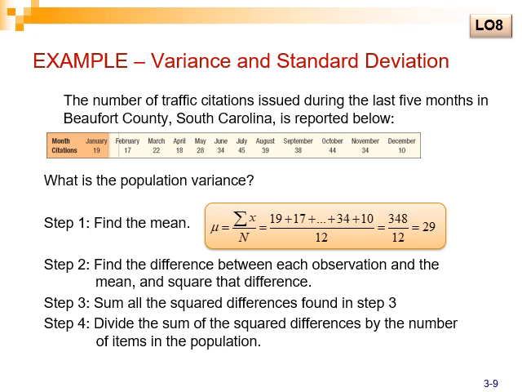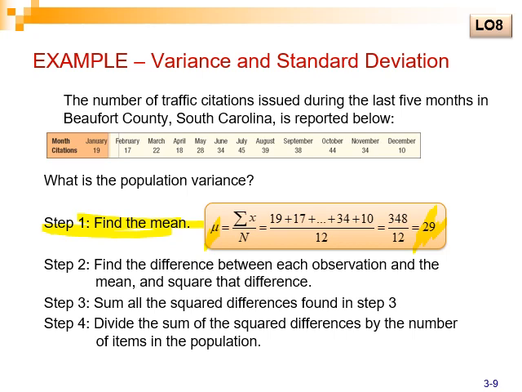First step, we will get the mean. We add all the values because it's our population: all the months in the year, 12 months. Now we add them up and divide by the total number of months, 12, and it equals 29, which is the population mean.